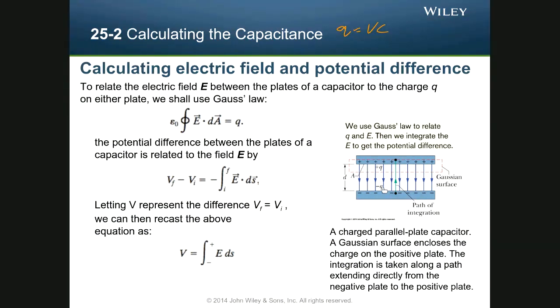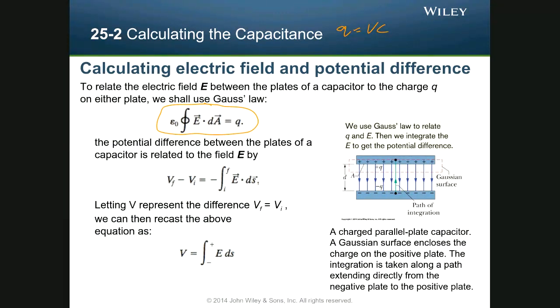Now, when you use Gauss's law, and I can't stress this enough, always start with actual Gauss's law. Always write that down, because it's always correct and otherwise you're doing guesswork. Then you can write the potential.